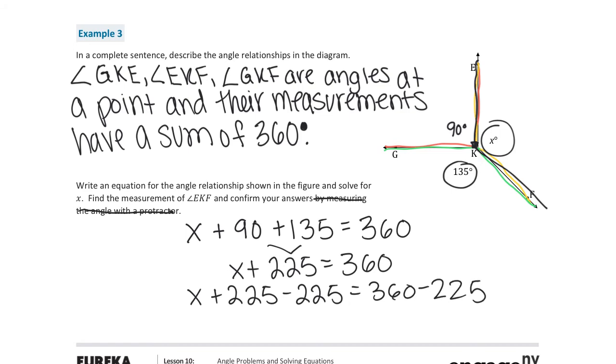So now I have 225 minus 225, and that's going to give me 0. So now I'm going to have x plus 0 equals 360 minus 225, which is going to give me 135. So now I know that x equals 135 degrees.